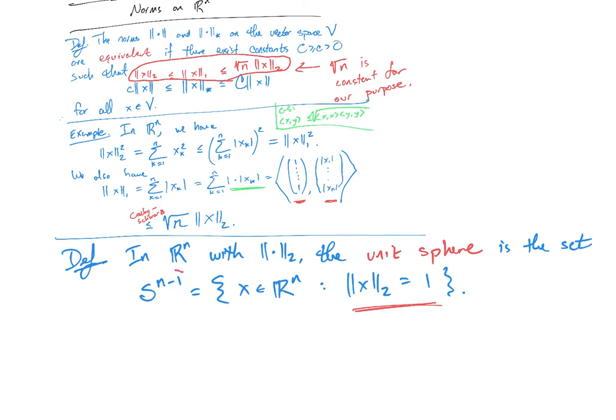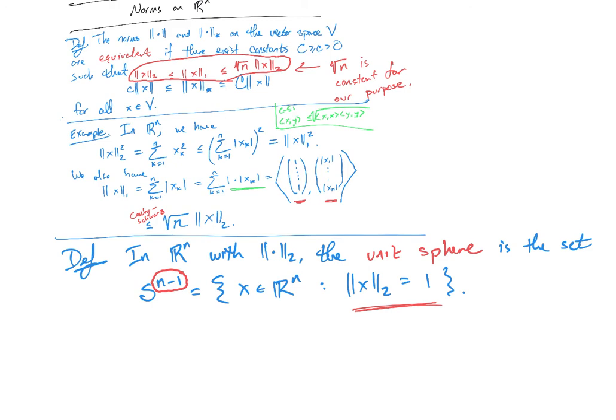Okay. Why do we put the superscript n minus 1 on it? Because it's a surface embedded in Rn, so it's got one dimension less.